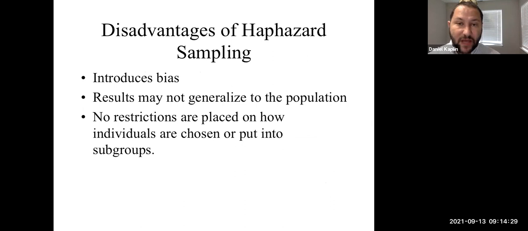Now, some disadvantages of haphazard sampling is it does introduce a potential bias, right? So not knowing the likelihood of being selected, you could have a selection bias or a volunteer bias. And we know that volunteers are different in many characteristics than non-volunteers in general. We also know that if we don't know the likelihood of being selected, we have to be very careful with our interpretations because the results of our sample may not generalize out to the population.